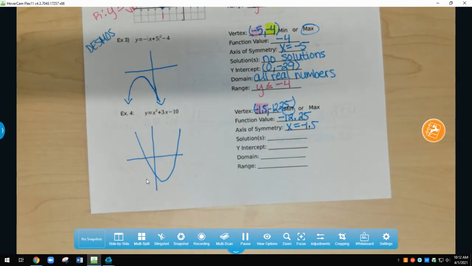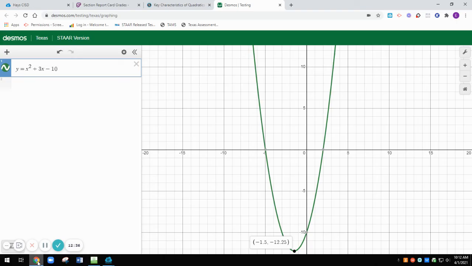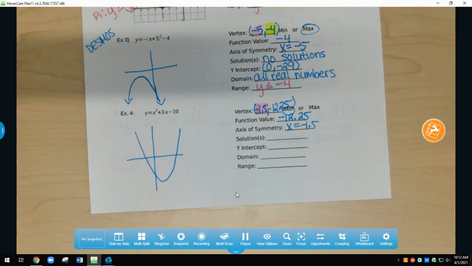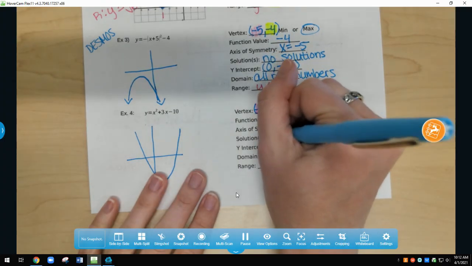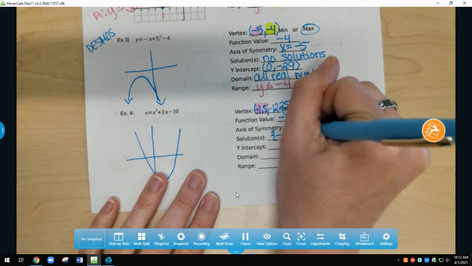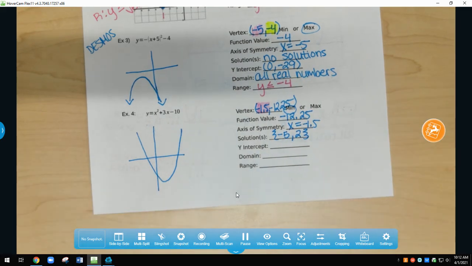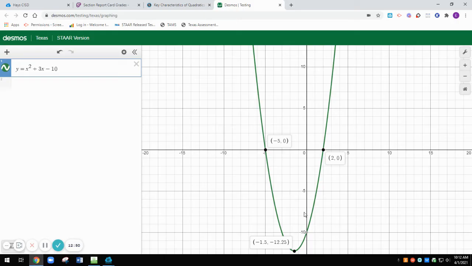Okay, if we go back to Desmos, this graph crosses the x-axis twice. So it crosses at negative 5 and positive 2. Okay, if we go back to Desmos again and click on the other gray dot, our y-intercept is (0, -10).